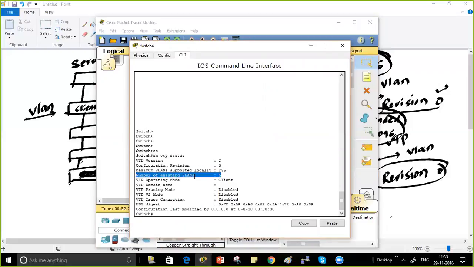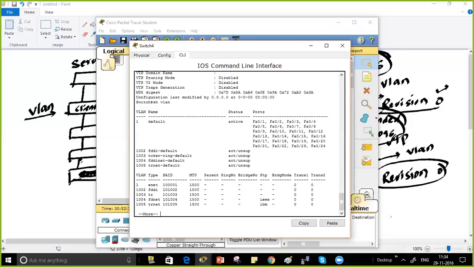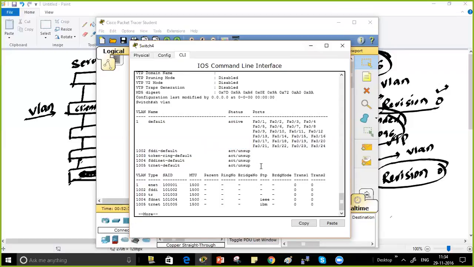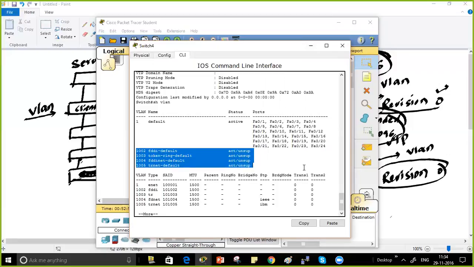Even though, it is showing the number of VLANs is 5. Why? Because of show VLAN. See this, this is the default VLAN, VLAN 1. And here we have another 4 VLANs: FDDI default, token ring default, FDDI net and token ring net. These 4 are also default VLANs. So in total, by default we have 5 VLANs.